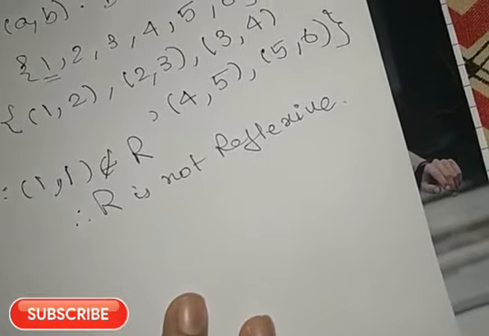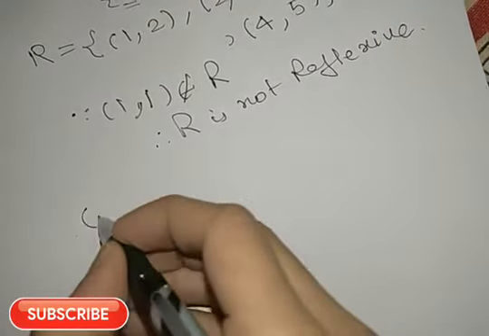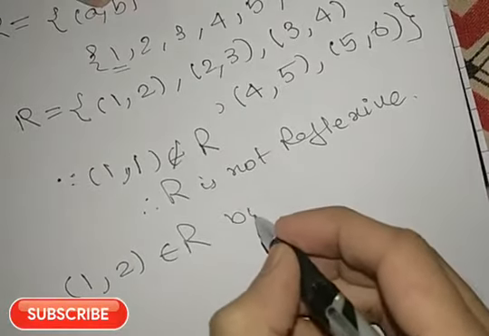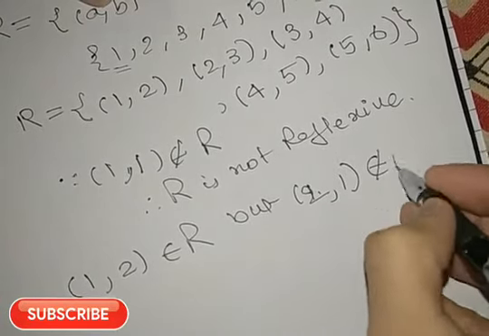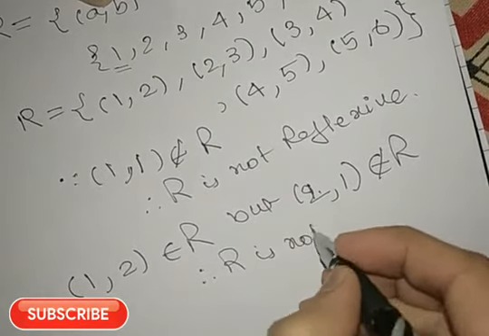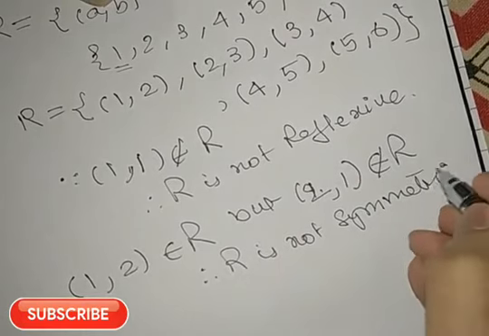Then you have to check whether R is symmetric or not. So you can see that 1 comma 2 belongs to R, but 2 comma 1 doesn't belong to R. So therefore R is not symmetric.